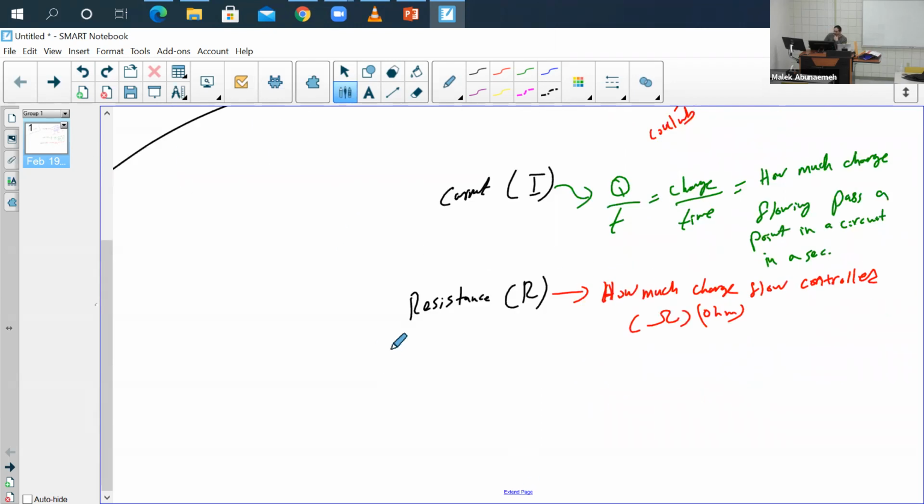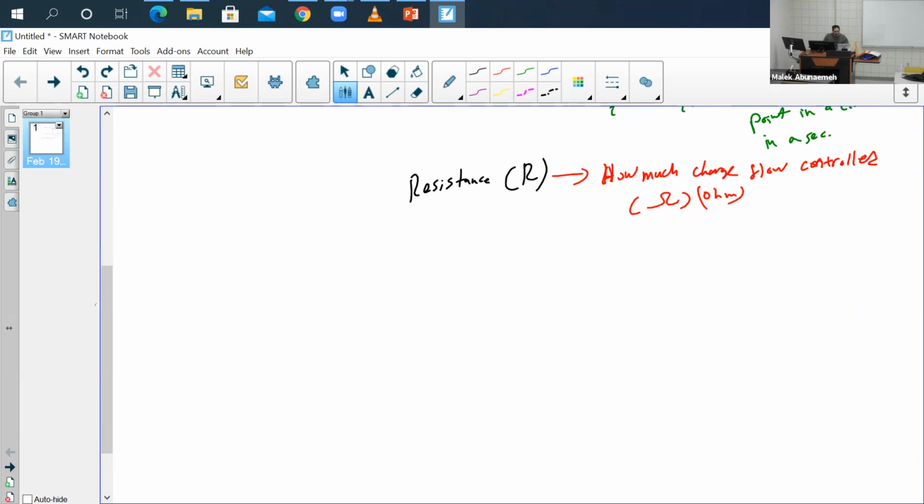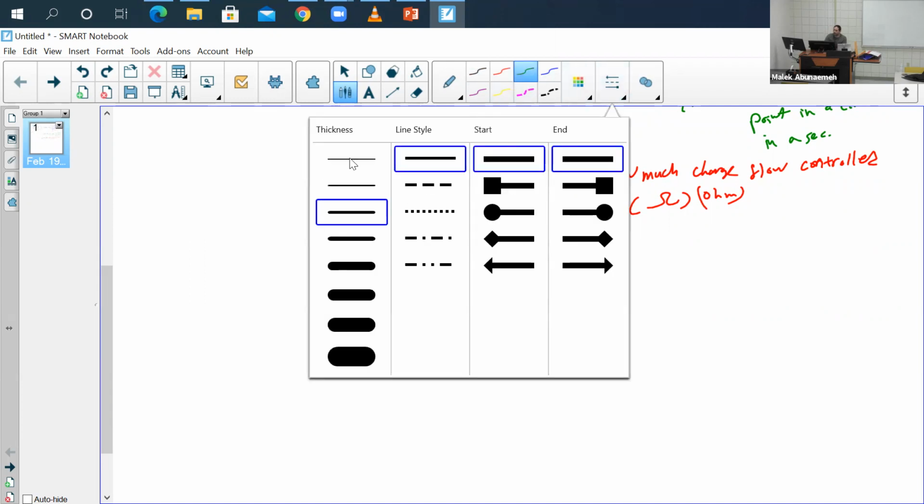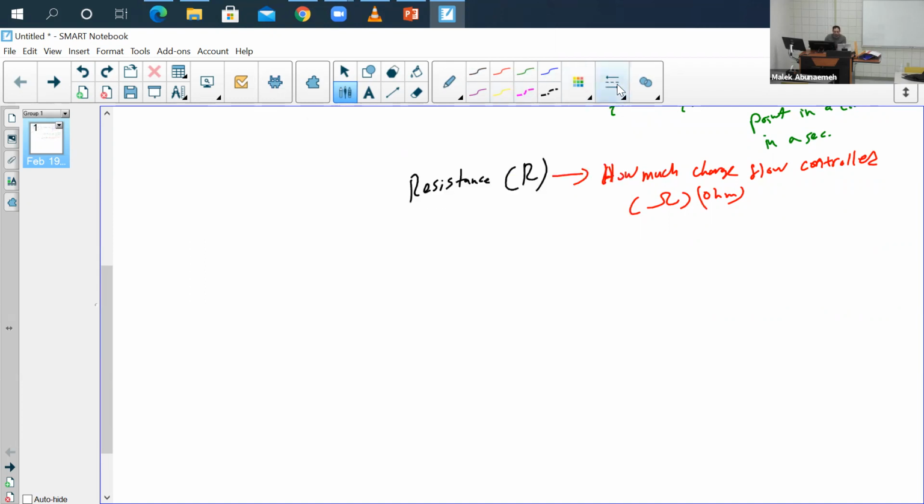Now, going down, let's define something called Ohm's law. So we talked about the ohm, so let's define Ohm's law, which is named after George Ohm.